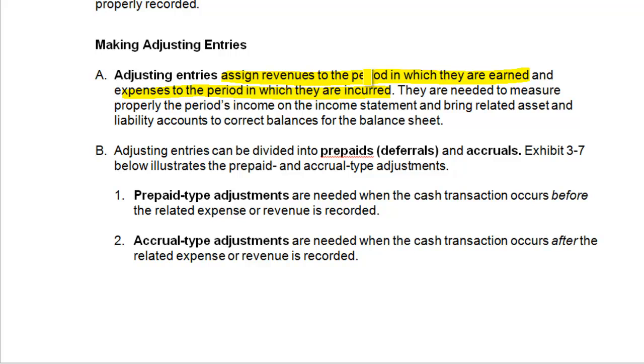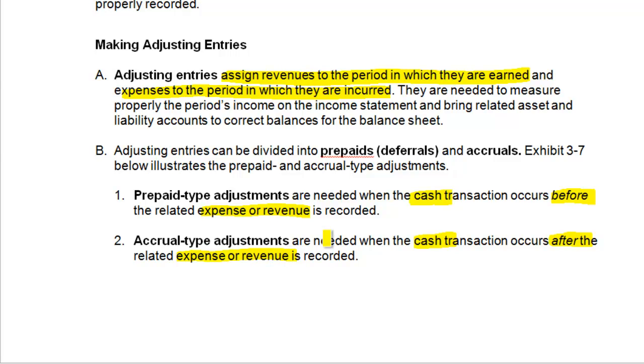Now, these can be divided into two broad categories. Okay, so a prepaid adjustment is needed when cash happens before the expense or revenue, and an accrual happens when cash changes hands after the expense or the revenue.